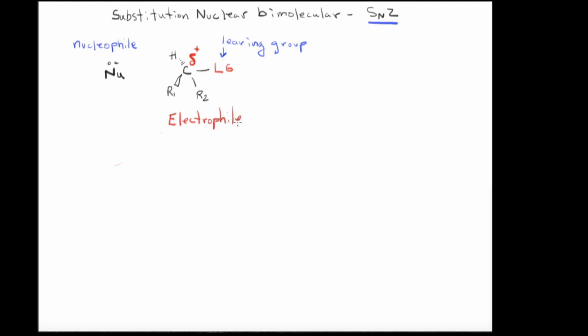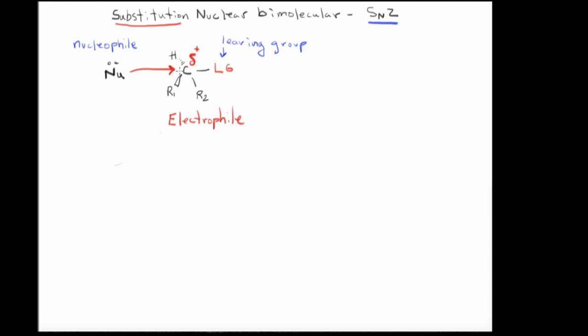So the hallmark of an SN2 reaction is that you're going to have the collision between the nucleophile and the electrophile. And it's called a substitution reaction because the nucleophile will be forming a bond with the electrophile.